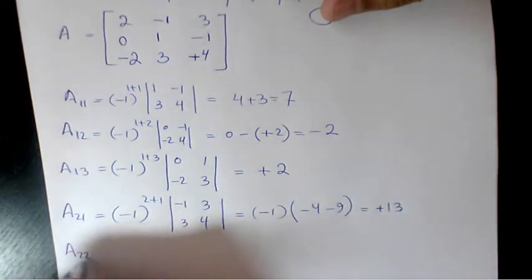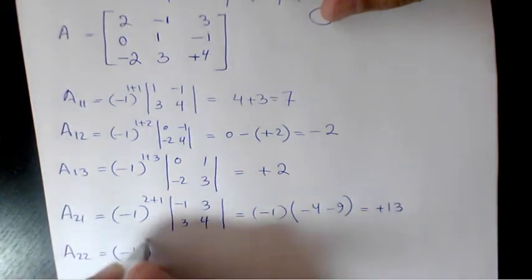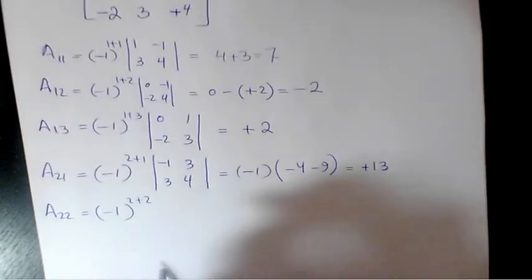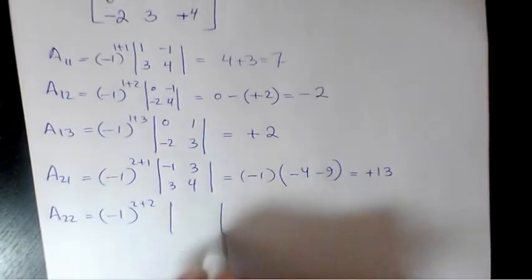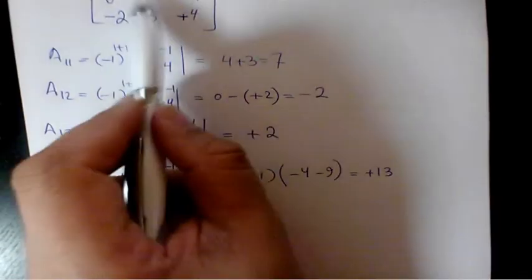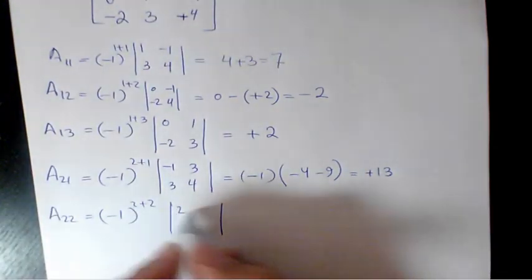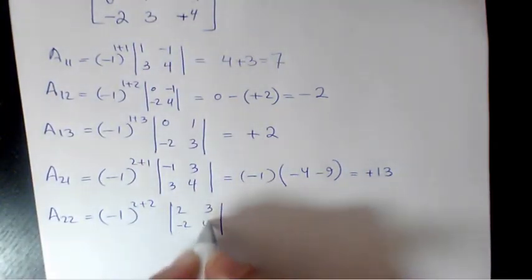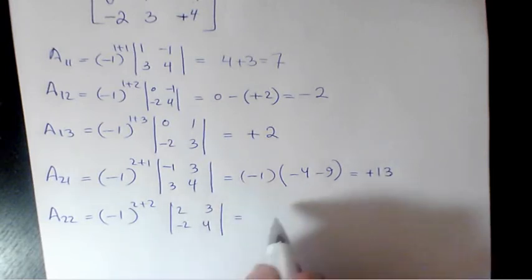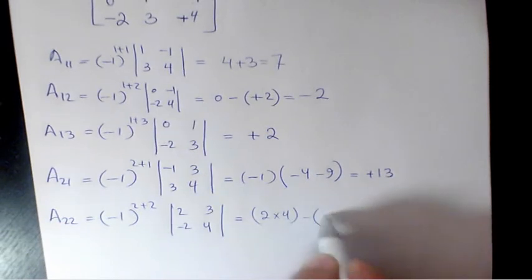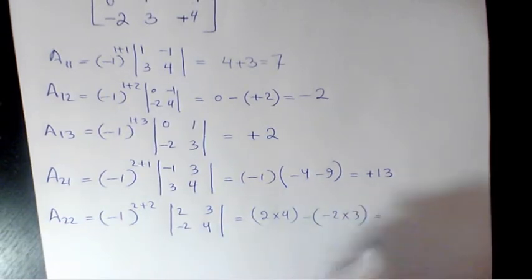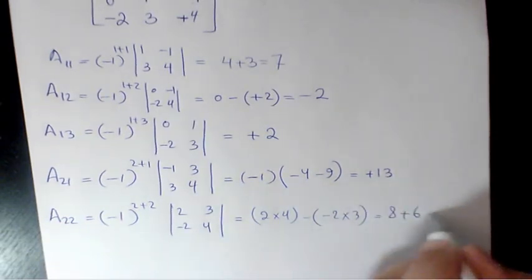Then you have A22, negative 1 to the power of 2 plus 2. You remove that one, 2 and 2. It is going to be 2, 3, negative 2, 4. That will be 2 times 4 minus negative 2 times 3. That's going to be 8 plus 6, it's 14.